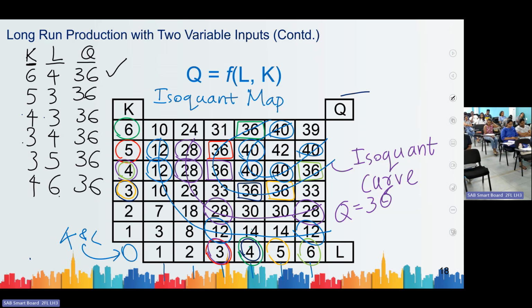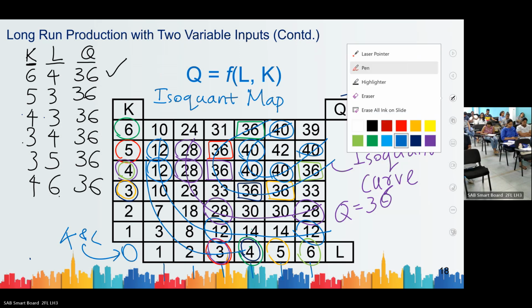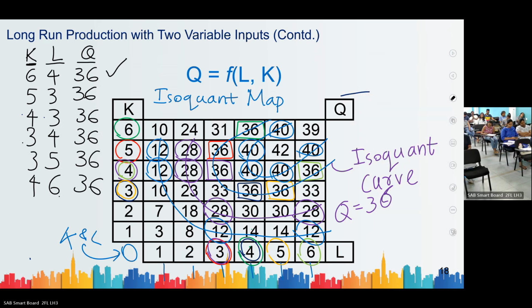When an isoquant curve is closer to the origin, such an isoquant curve represents a lower output level. So if we have another isoquant curve somewhere here, it will represent an output level lower than 12.